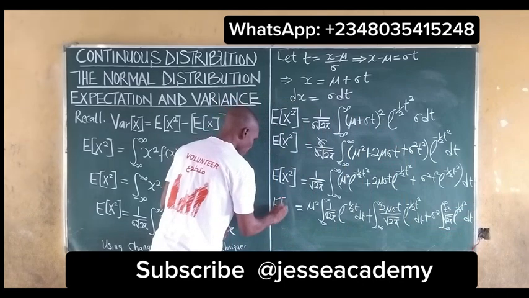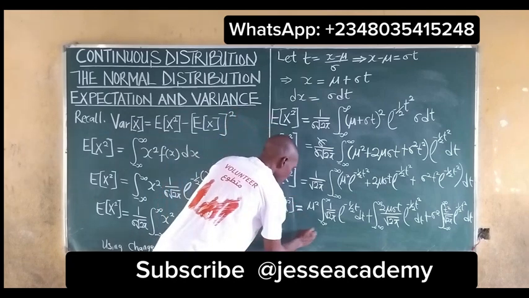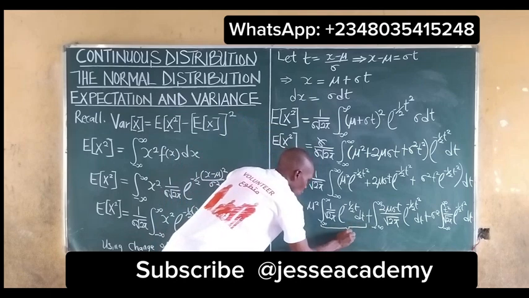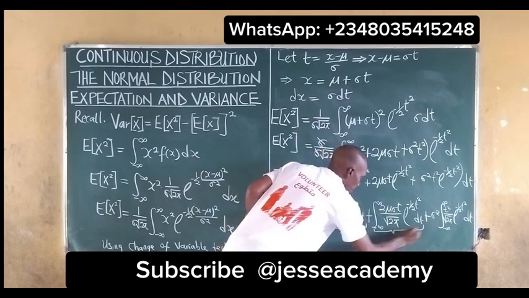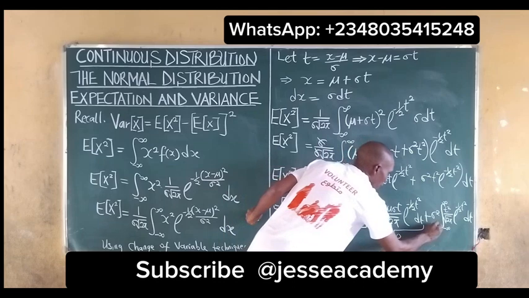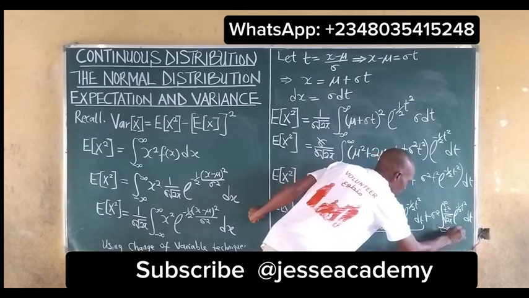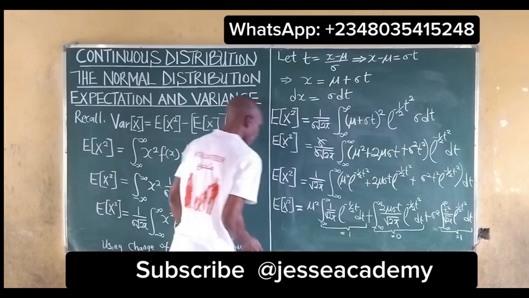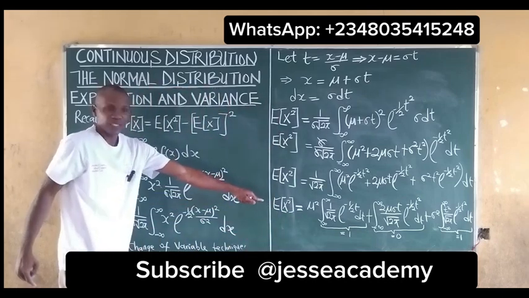So we have it as our expected value of x squared. Of course, the whole of this is equal to 1. The whole of this is equal to 0, and the whole of this is equal to 1. So we have sigma squared multiplied by 1, mu squared multiplied by 1. So we move over to this other side to complete this.